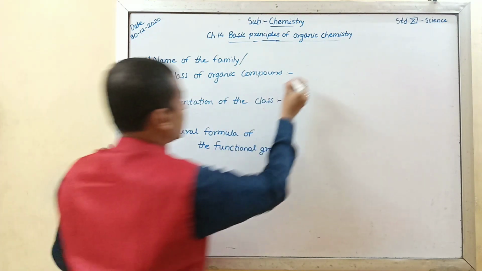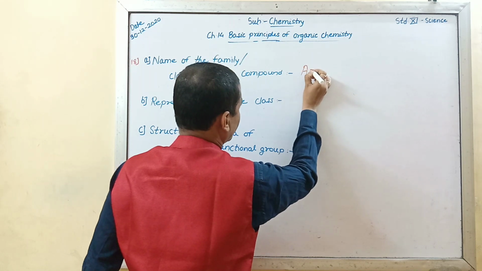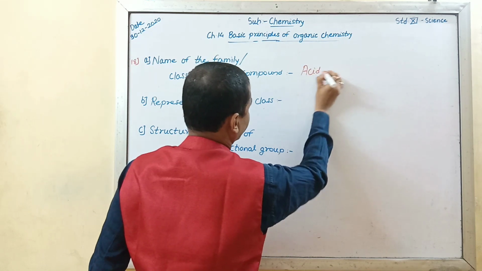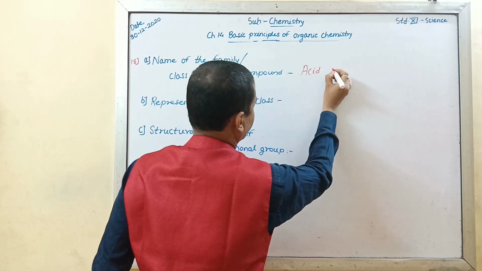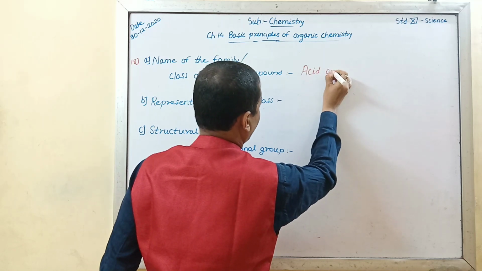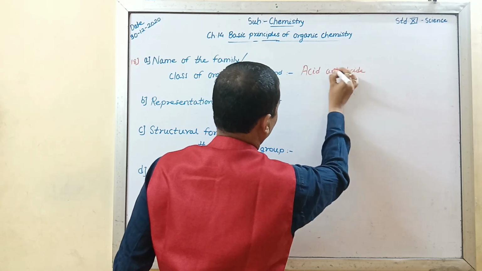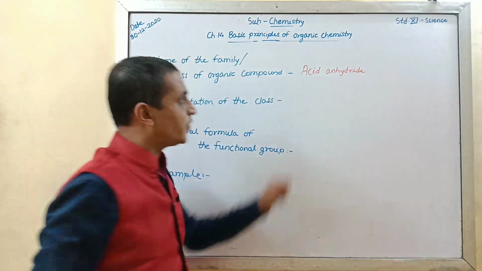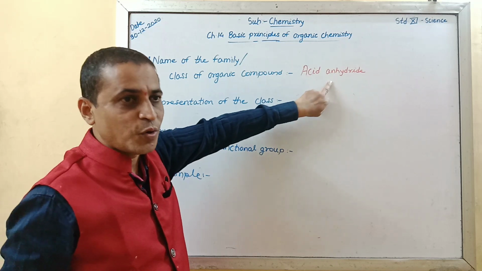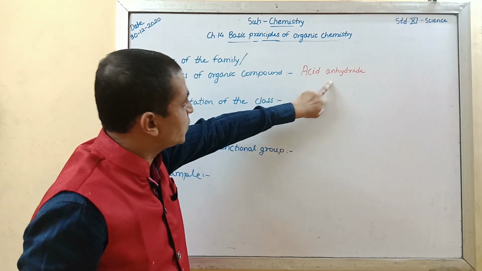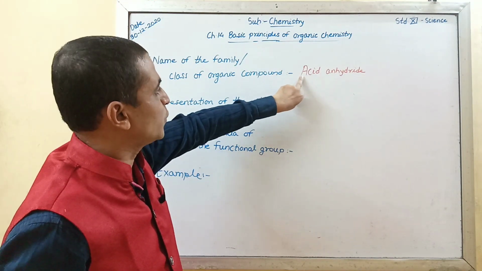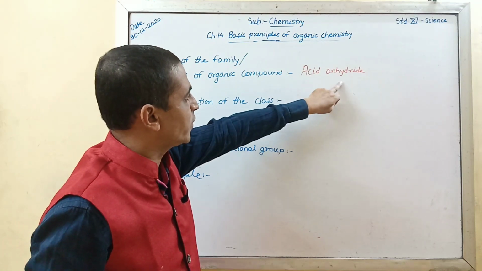Next one, that class is what? Acid anhydride. See, anhydride is obtained when a water molecule is removed from two acid molecules. Then you get acid anhydride.